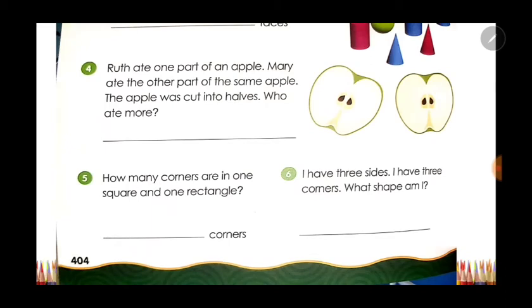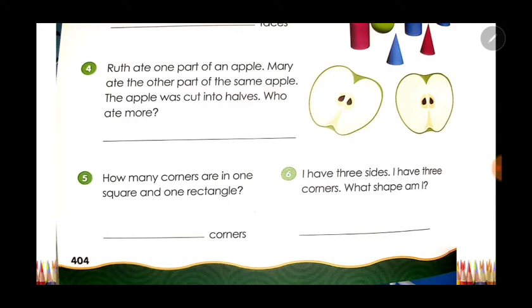Number 4. Ruth ate 1 part of an apple. Mary ate the other part of the same apple. The apple was cut into halves. Who ate more? Do you remember when I cut something into halves? Did I have equal parts? Is a half an equal part? Yes.